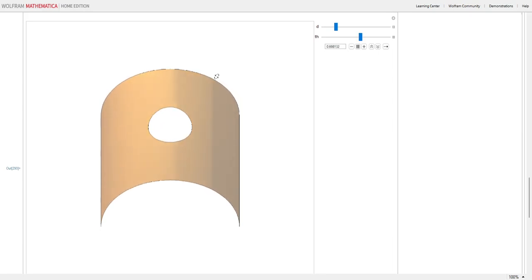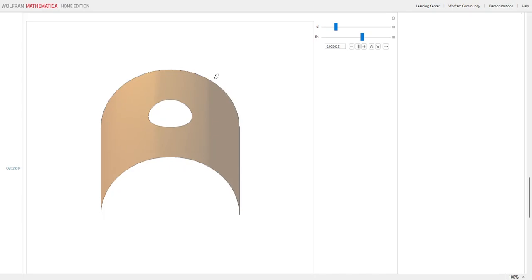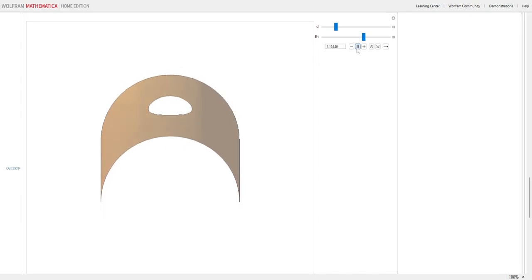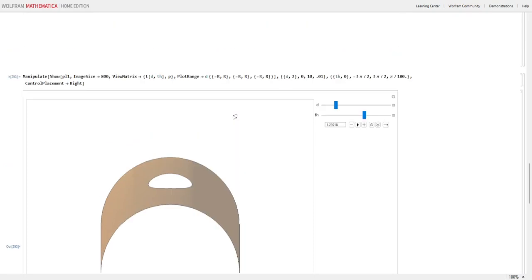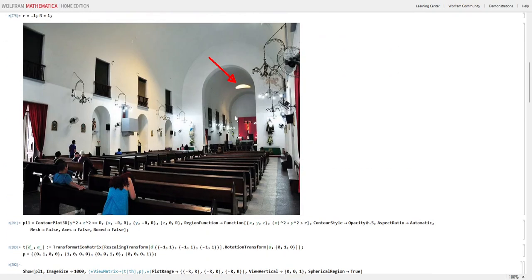Now, it is interesting, right, what I was doing in the church, and where that picture was taken from. If I go back to that picture, if you think of that circular sector there as being our cylinder, right? This picture is taken not only far away from that vertical projection, but also much below the, say, xy plane or the z equals 0 plane of this cylinder, which would be around here, right?